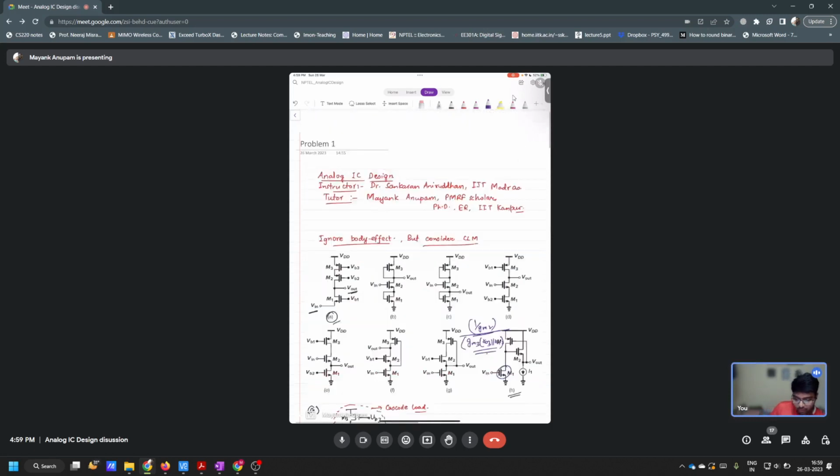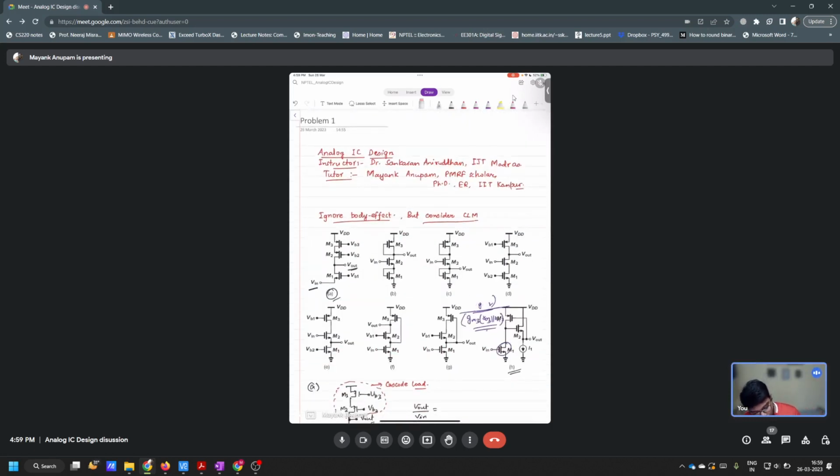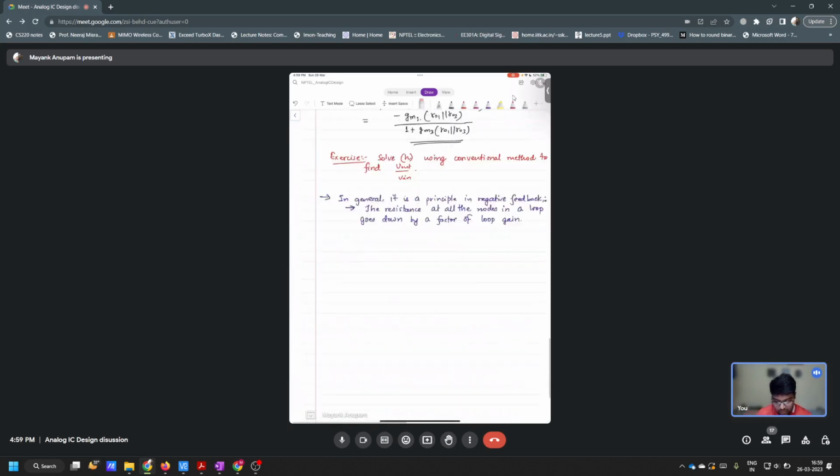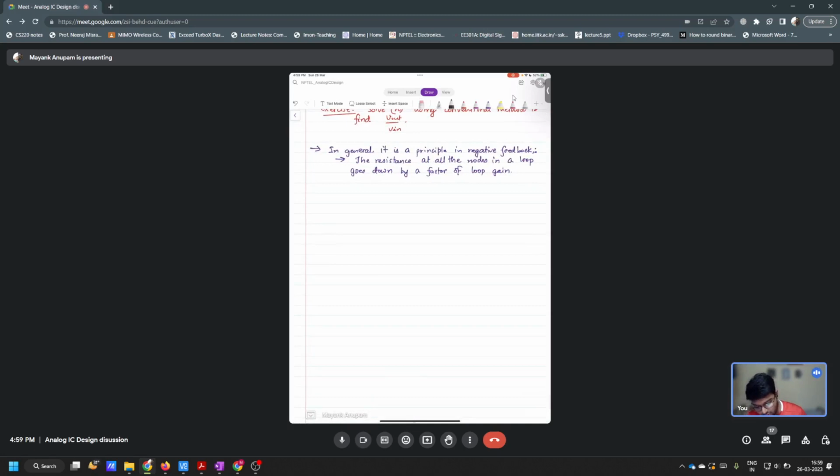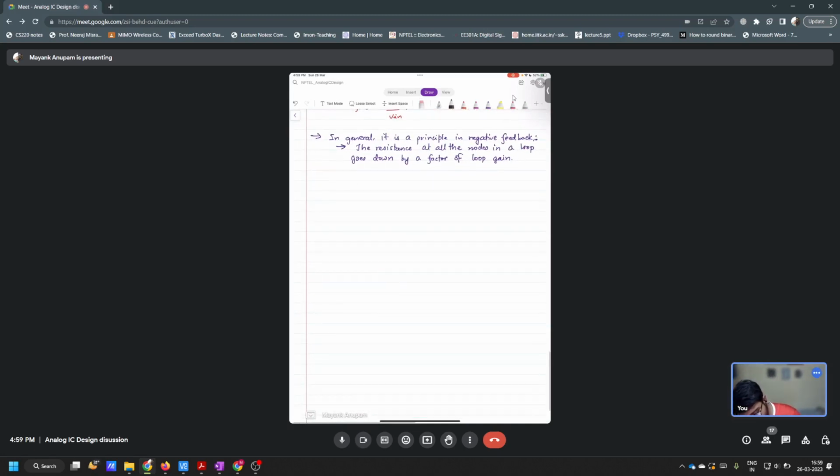So in general, if you want to make a good voltage controlled voltage source, you put things in feedback. That is why you see an op amp is never used open loop. When you were learning op amp, this was a very high gain op amp. Now what did you do?